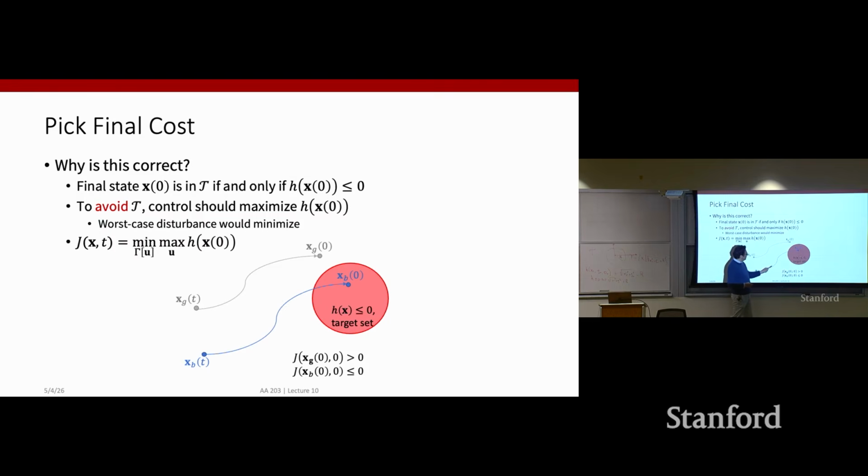Opposite to that, for this blue trajectory, the final condition is in the circle, which means that h is negative, which means that the overall cost is negative. So we're not doing anything deep here. We're just trying to find a one-to-one correspondence between the abstract problem of backward reachable set computation and the tool that we know of, which is that of Hamilton-Jacobi-Isaacs.